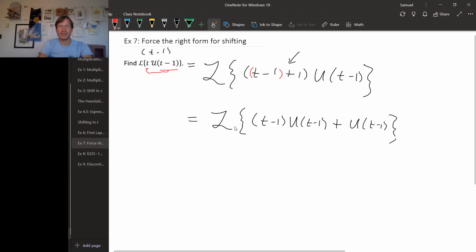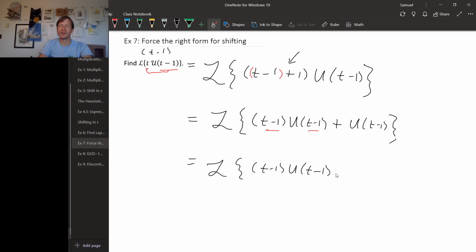And now the shift matches the step, right? So we can use the linearity of the Laplace transform. We want the Laplace transform of t minus 1 times u of t minus 1, plus the Laplace transform of u of t minus 1.